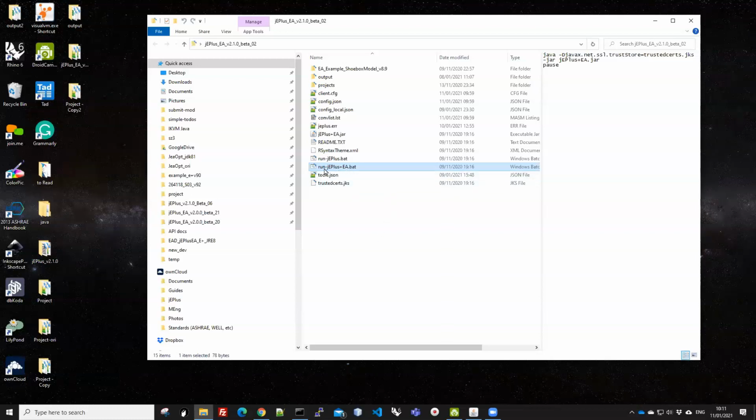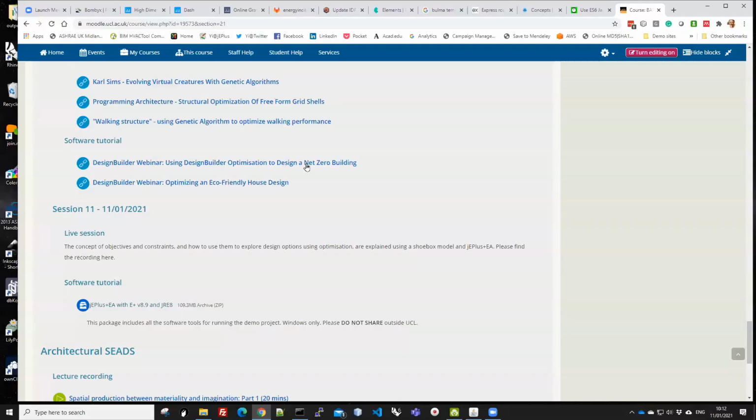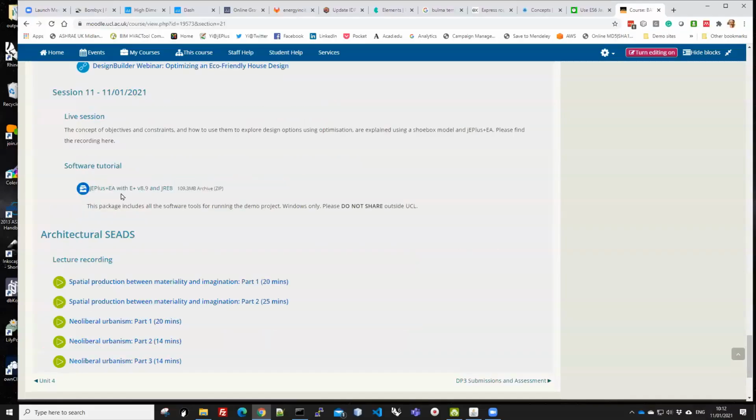We're going to use a tool called jEPlus+EA. There is a tutorial on how to get started with this tool. It's suitable for doing a demonstration of the optimization process. I have already uploaded a copy on Moodle.